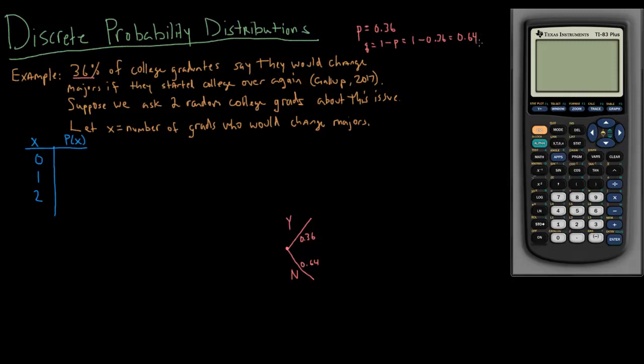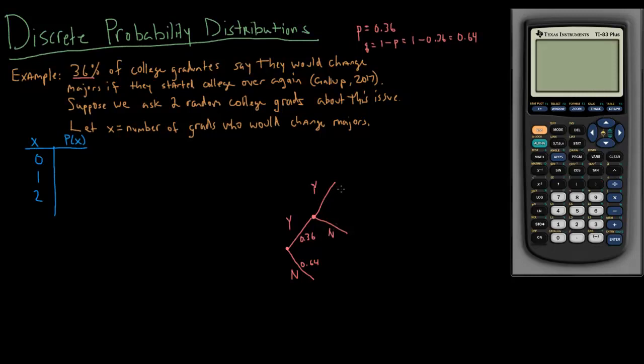0.64. Okay. Now let's just work with this top branch of the tree for a moment. So we're going to assume the first person said yes, they would change their major. Now what about the second person? Again, the second person has the same exact choice. Either you could say yes, I would change my major, or you could say no, I like my major.